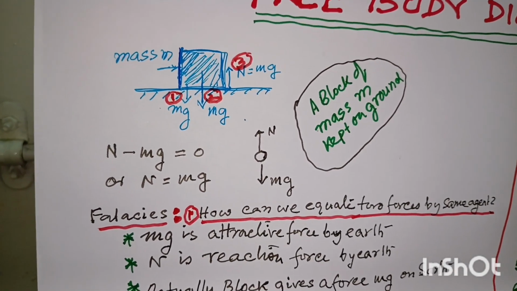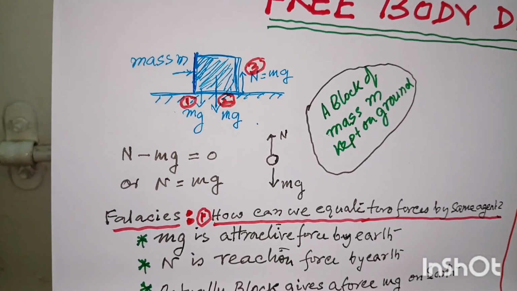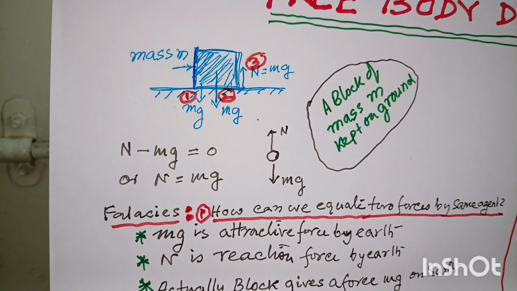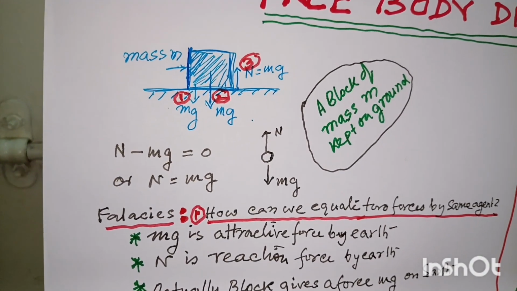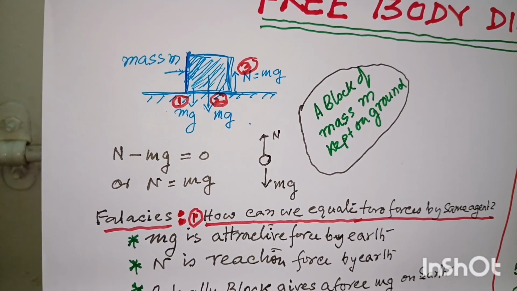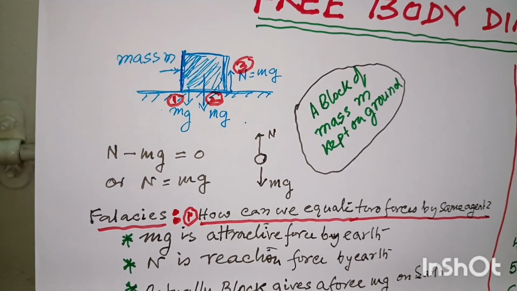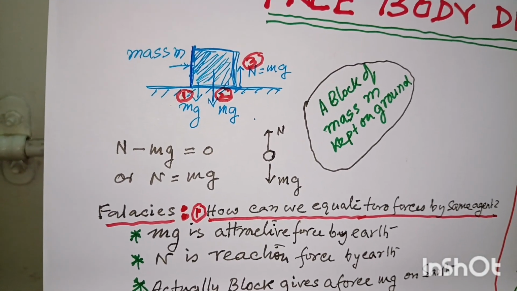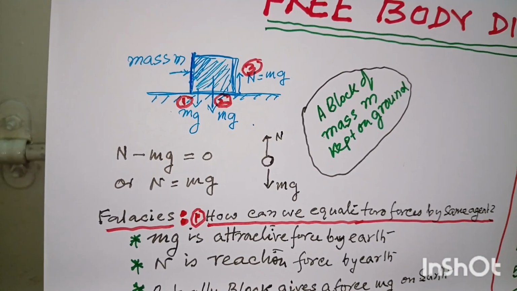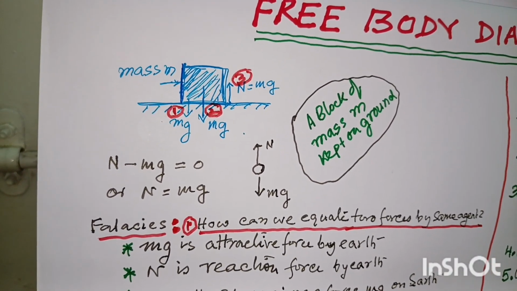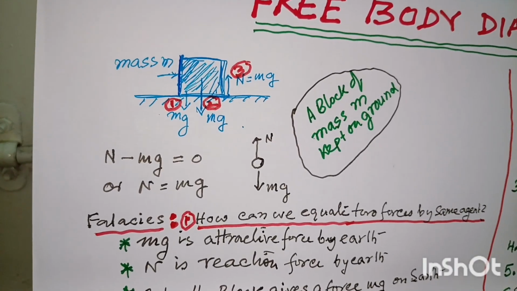So what is actually happening? mg is the force given by the earth on the block. By this, the block tries to go down. And in this process, the block gives a force mg on the earth. Try to understand this sequence. mg is the force given by the earth on the block.